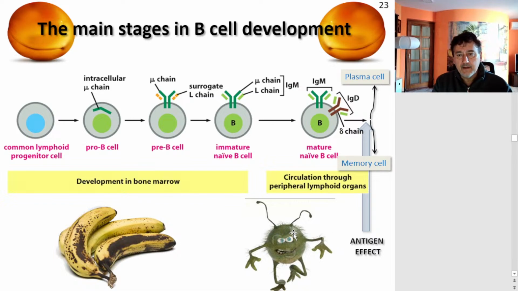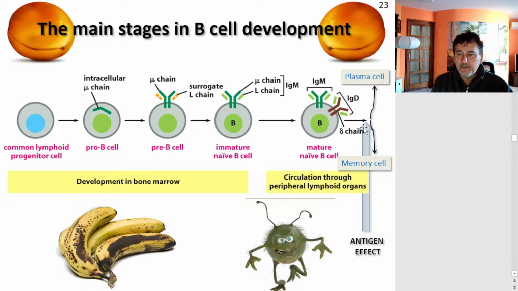So here you can see the development of the B cells. Actually, the point here is that before encountering an antigen, the B cells produce IgM. There is also an IgD, but the important thing is the IgM, and I will explain soon why it has relevance here.